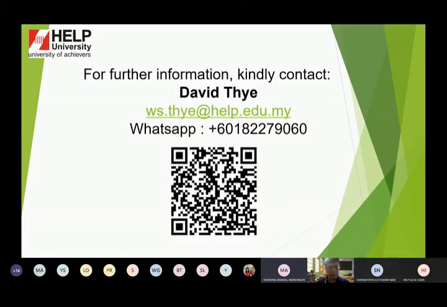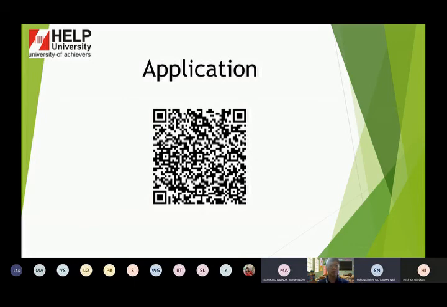If you would like to apply, there is a form to fill up. Just scan this QR code and fill in your information, for example your name, email address and contact number, so that we can keep in touch with you to provide further information.